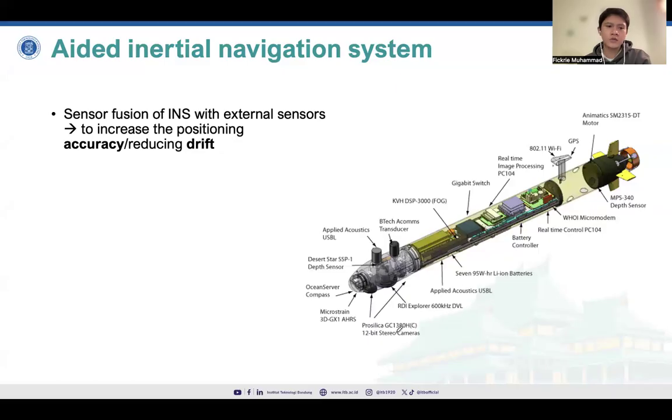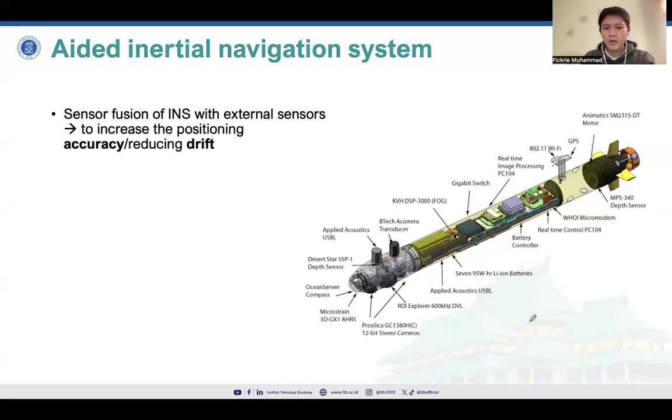It's basically to reduce the drift, because the gyroscope and accelerometers from the IMU that create the INS always have bias and noise, right? If we rely on that measurement over time, the drift will accumulate, and of course this accumulated drift will affect our positioning accuracy later on. So of course we want to increase our positioning accuracy.